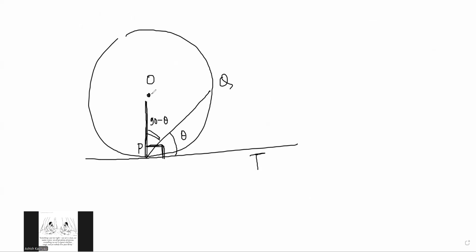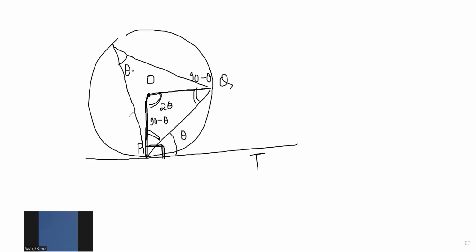So obviously, if I join OQ, this is also 90 minus theta. So therefore, this angle is what? 2 theta. Therefore, any other angle by the chord PQ will be theta. So basically, we have proved that this theta is matching this theta or any other point on the alternate segment, right?